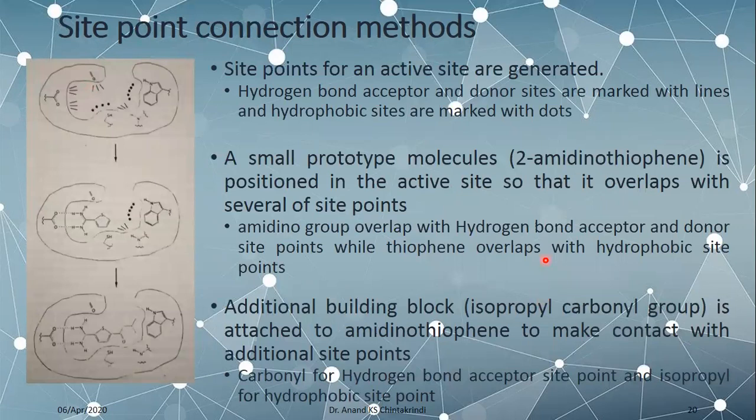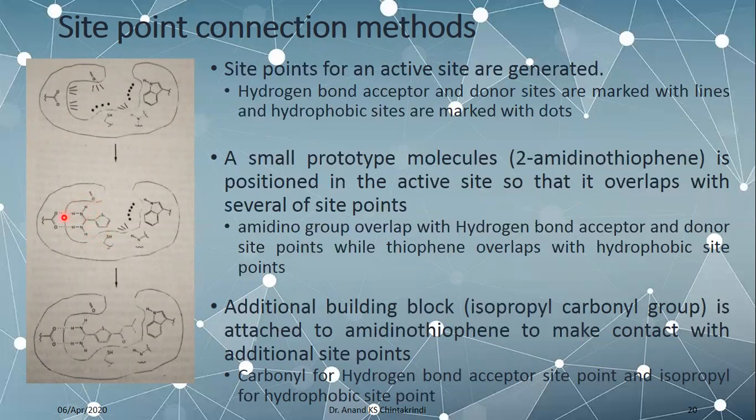That means if you want to satisfy all the possible site points, there are many other fragments which cannot be considered, so that it is satisfying these two. So if a fragment is such that it is satisfying only this particular site, say in this case, if you were to use a hydrophobic isopentyl group here with a thiophene, this fragment will be missed because you are satisfying only the hydrophobic site points here.